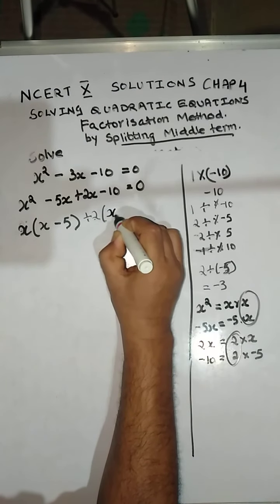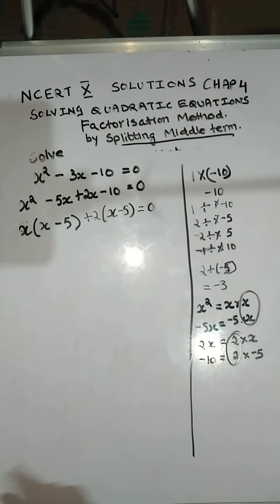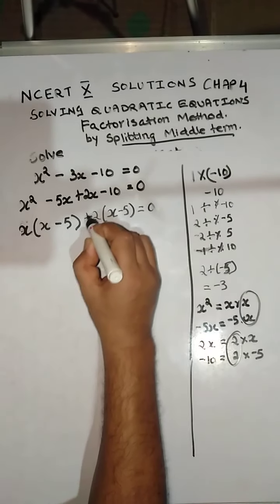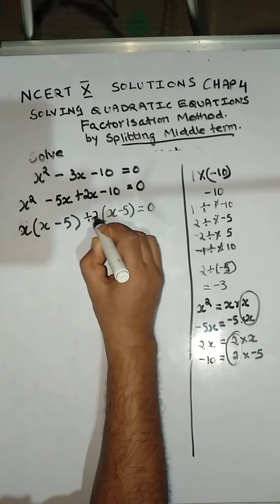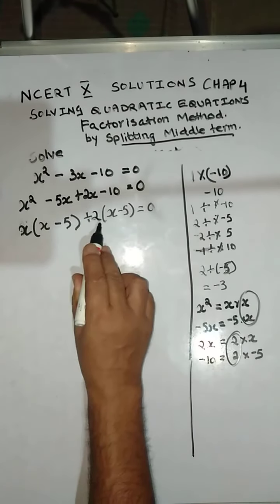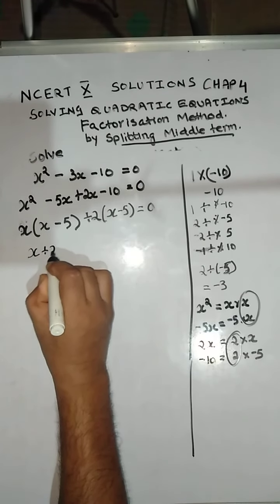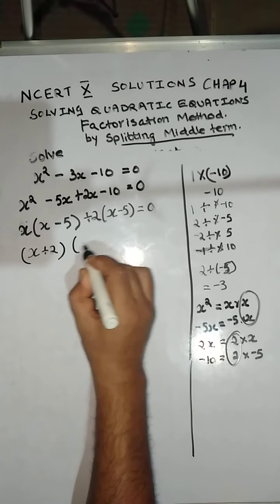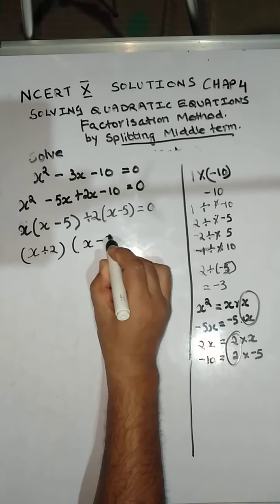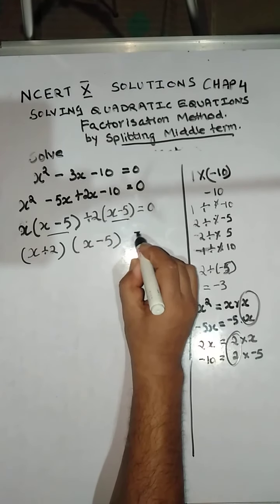So I put here x minus 5, which is equal to 0. And from there clearly we can see that we have managed to factorize it. So now we take these 2 terms which are non-common, and we put here x plus 2 into x minus 5. The one which is common is taken only once, is equal to 0.